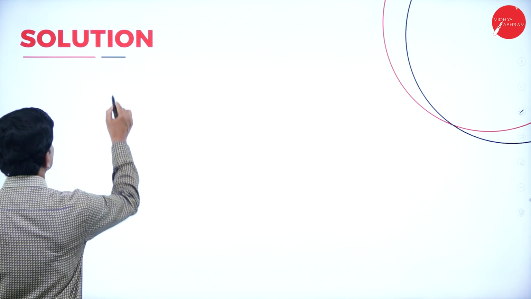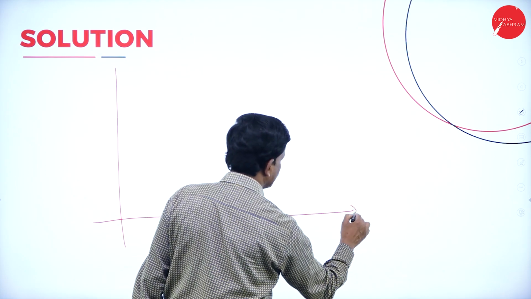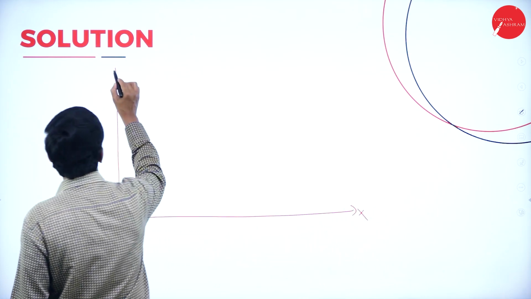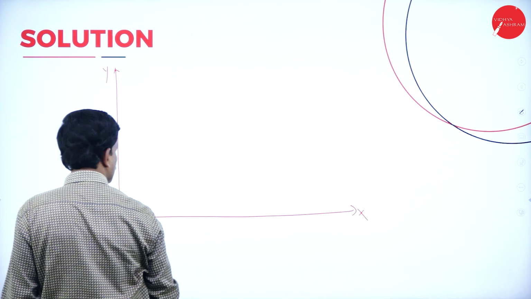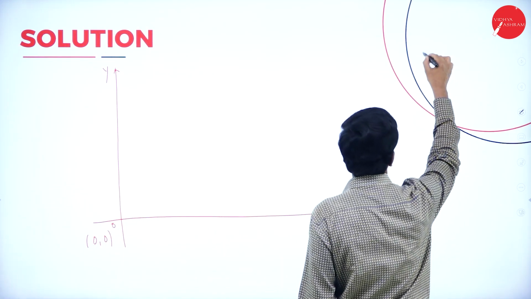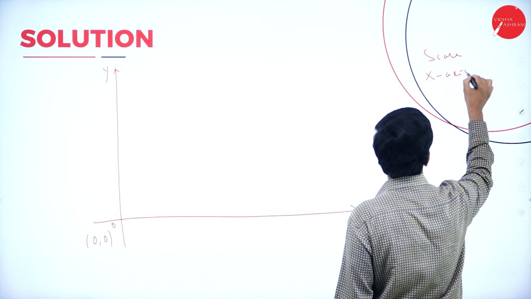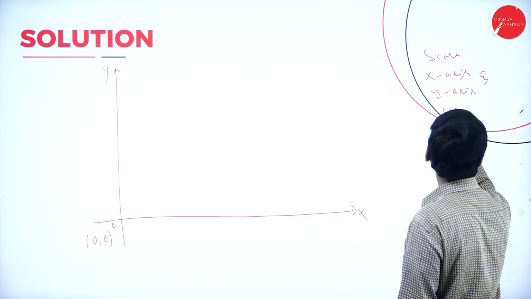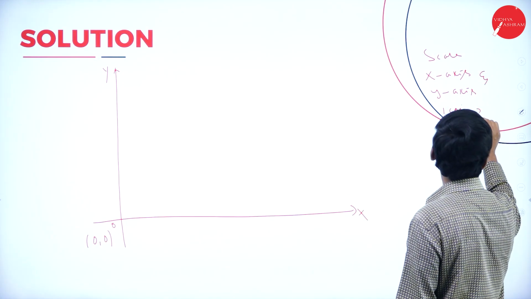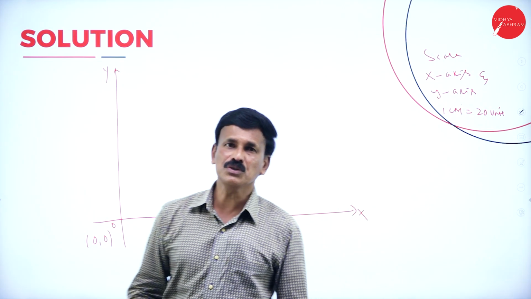This is the x-axis, y-axis, and the origin 0, 0. Now let us consider a suitable scale on the x-axis and y-axis: 1 centimeter is equal to 20 units.